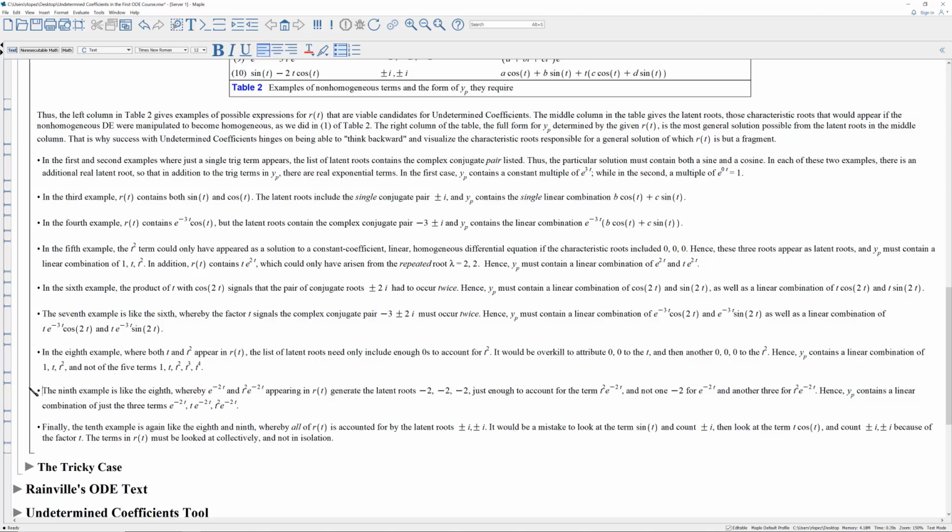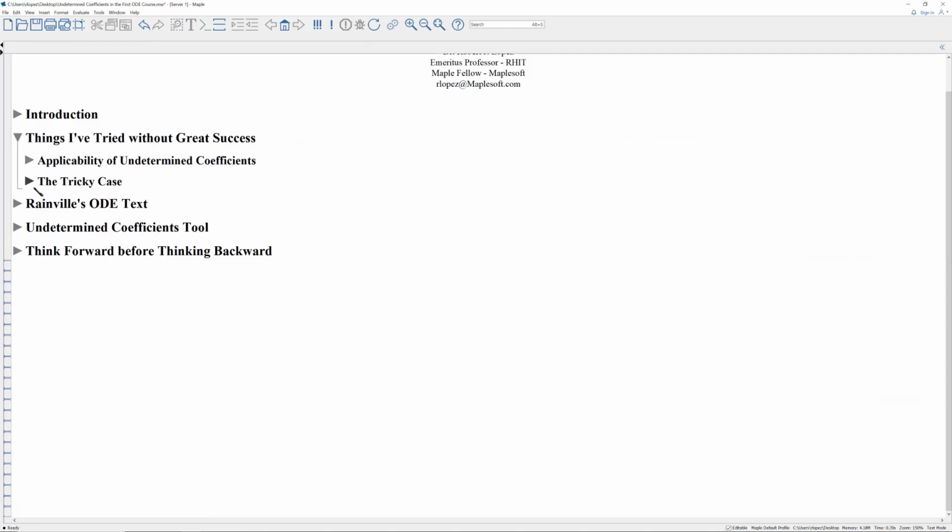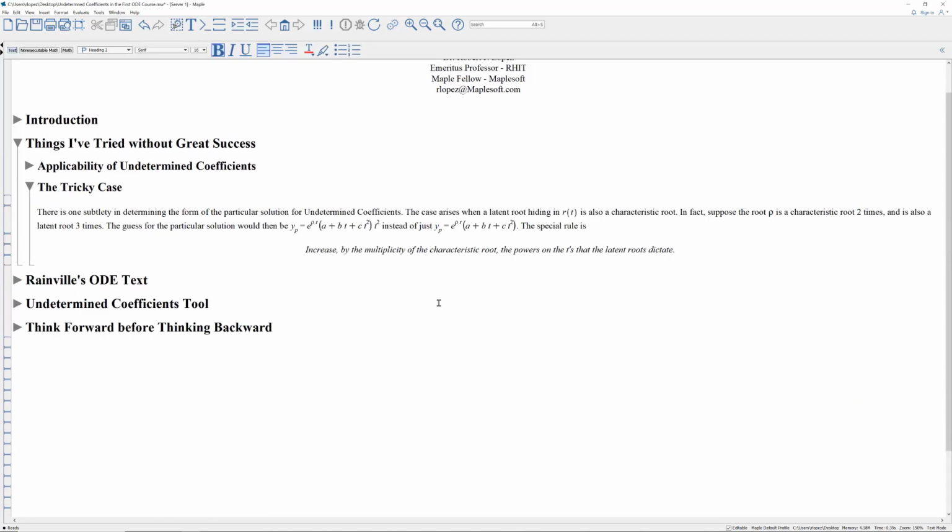So added to all of the difficulties of getting that material across, there is what I would call the tricky case. This is the subtlety that arises when what I call a latent root hiding in R of t, the right-hand side, is also a characteristic root.